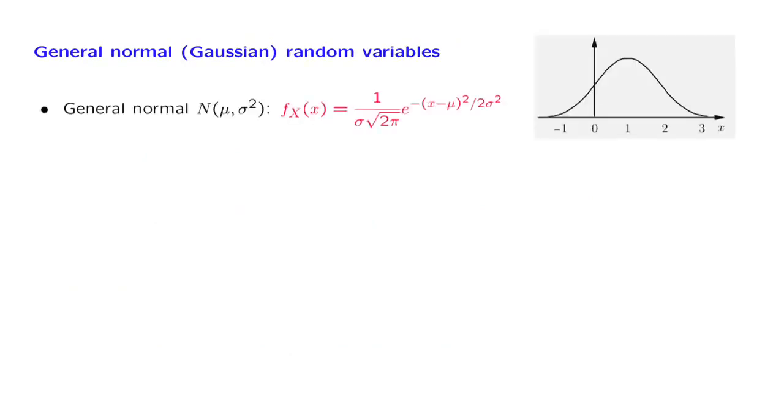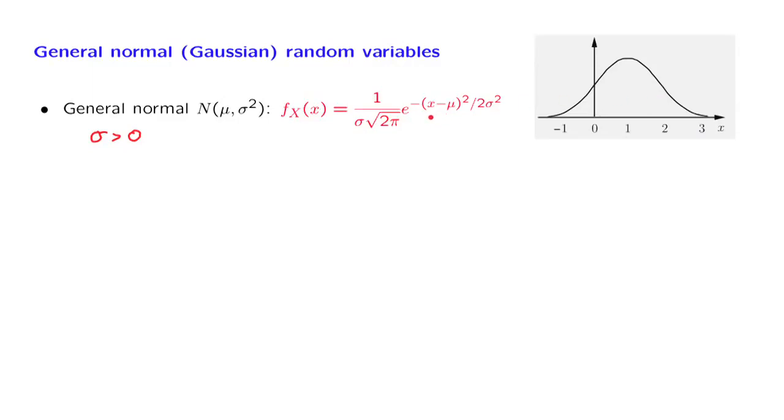Let us now define general normal random variables. General normal random variables are once more specified in terms of the corresponding PDF, but this PDF is a little more complicated and it involves two parameters, mu and sigma squared, where sigma is a given positive parameter. Once more, it will have a bell shape, but this bell is no longer symmetric around 0, and there is some control over the width of it.